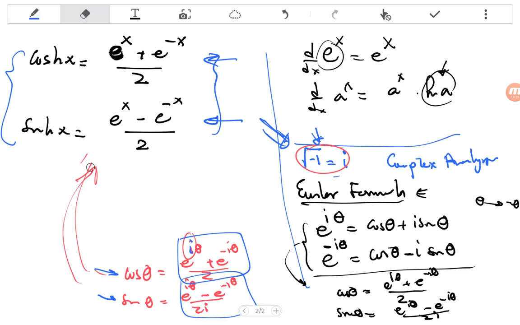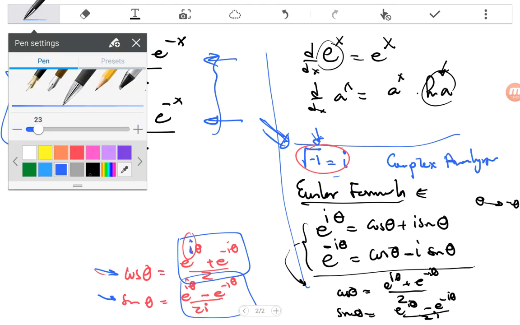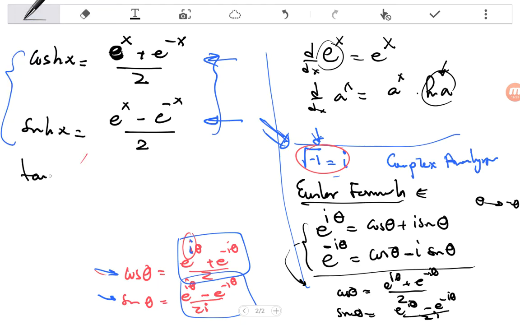in just the same way we defined trigonometric functions. For example, if we need to define tan hyperbolic, or tanh, it is defined to be sine x over cosine x, which can be written as e power x minus e power minus x over e power x plus e power minus x.